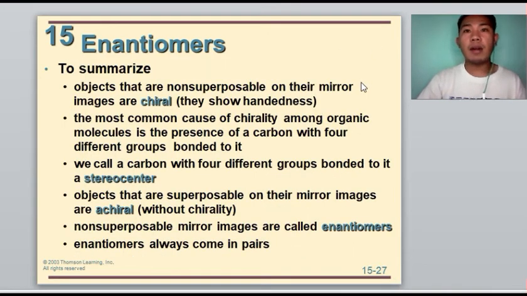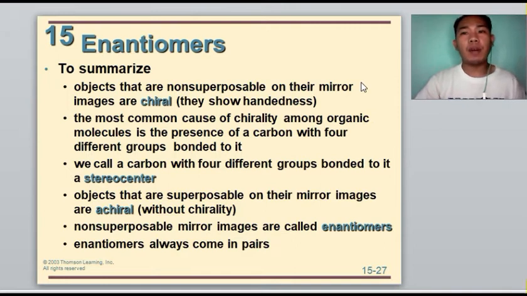To summarize, if an object and its mirror image are superposable, then they are identical and enantiomerism is not possible. We say that such an object is achiral, or without chirality, that is, it has no handedness.